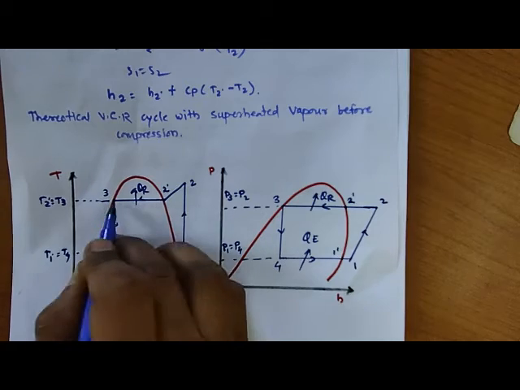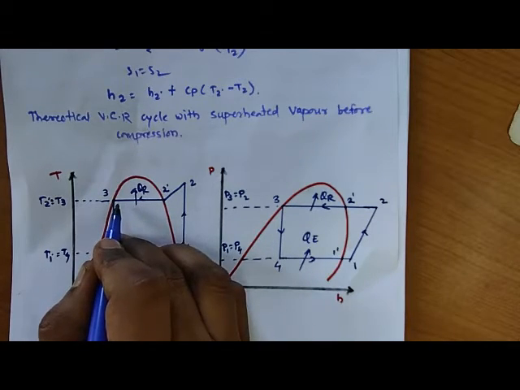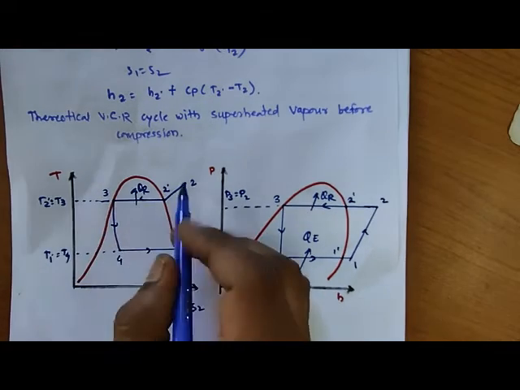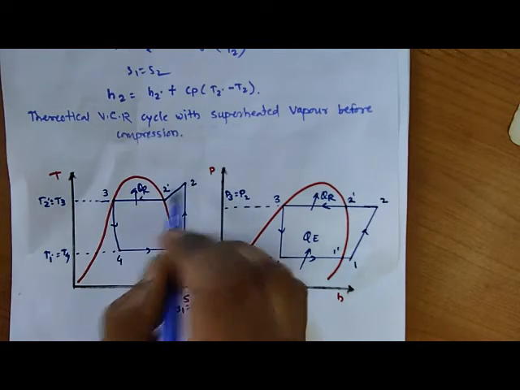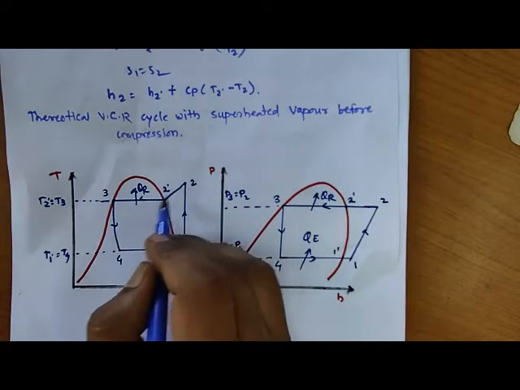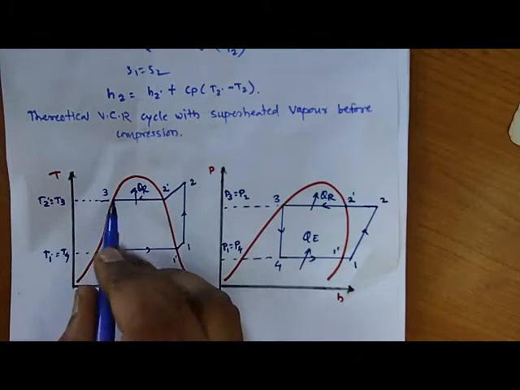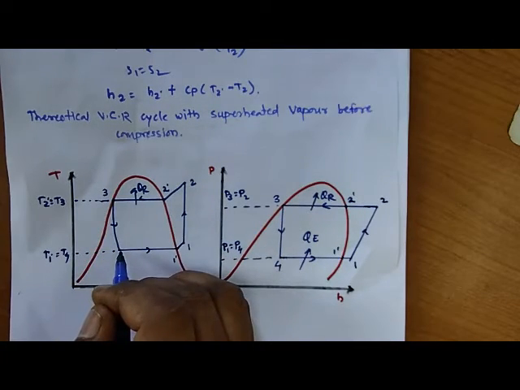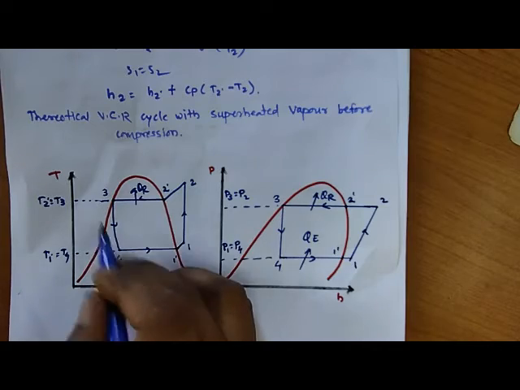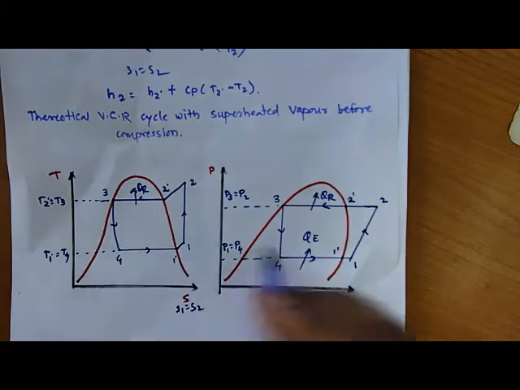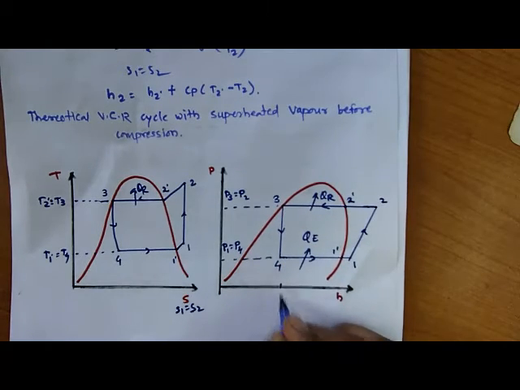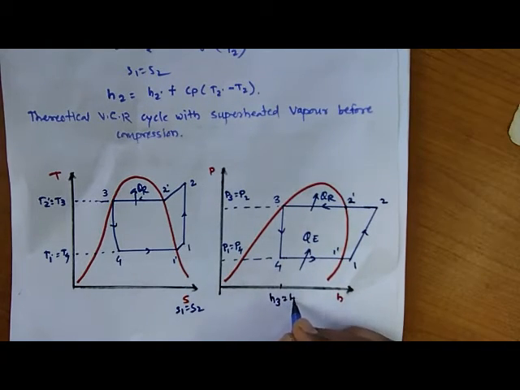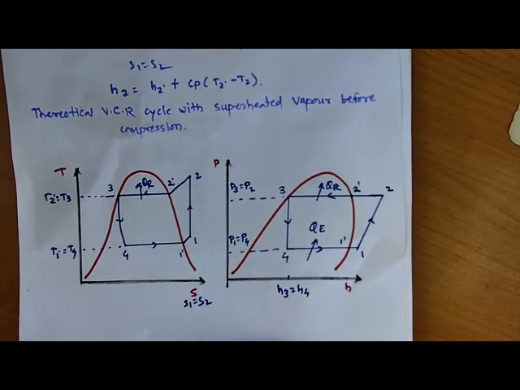Here the condensation process we consider is from point number 2 to 3, and the total heat is rejected. Now 3 to 4 is the throttling process, considered a constant enthalpy process, so H3 is equal to H4.